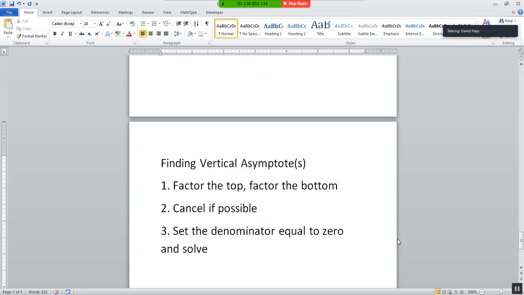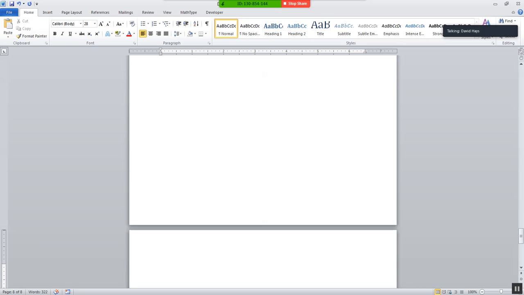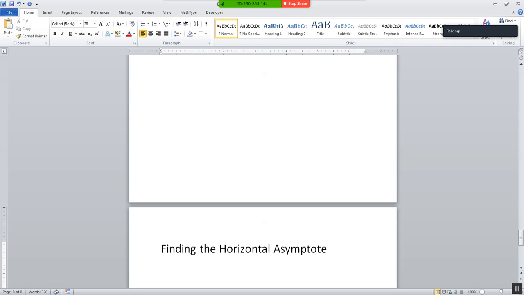Now for a horizontal asymptote. Remember, the degree is your largest power of x. And I've been referring to the top, the numerator, and bottom, the denominator. So finding the horizontal asymptote, we have 3 cases.